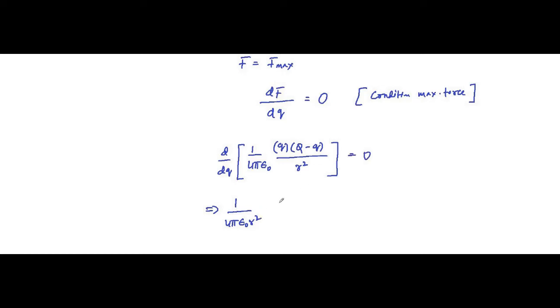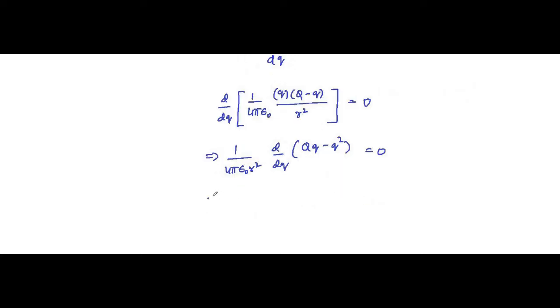d by dq of capital Q multiplied with small q minus small q whole square is equal to 0. That implies d by dq of Qq minus q square is equal to 0. When this goes to the right hand side, it gets multiplied with 0.